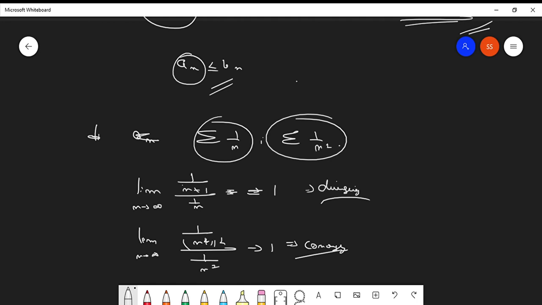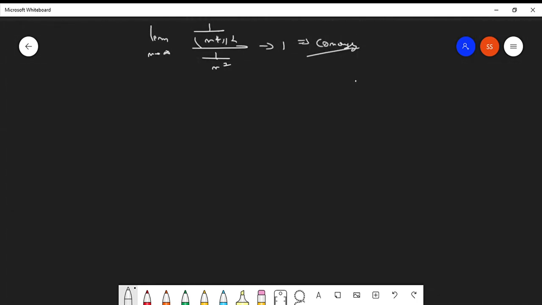We can check many more examples. Let's say we take one more. Suppose you have the series with terms (2 to the power n plus 5) over 3 to the power n.